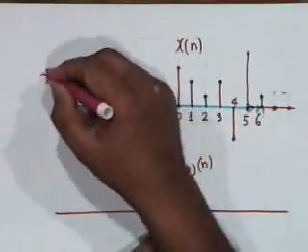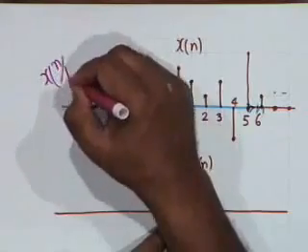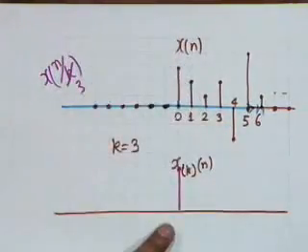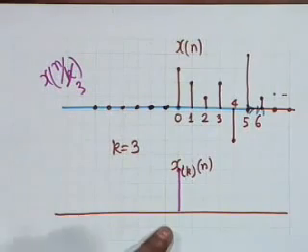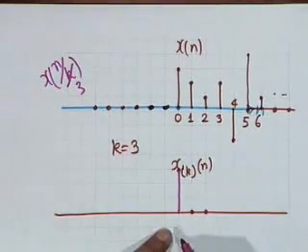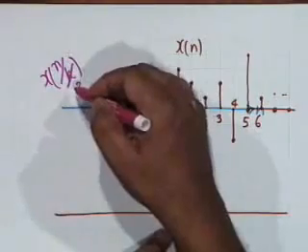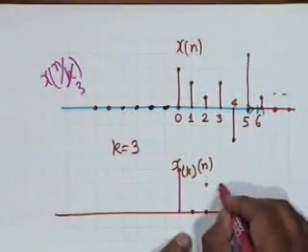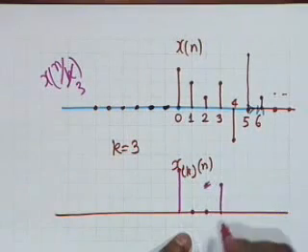When n equal to 1, x of n by k, k is 3. So when n equal to 1, by definition the signal is 0. When n equal to 2, again the signal is 0. When n equal to 3, what we get is x of 1, and therefore my signal would be like this.